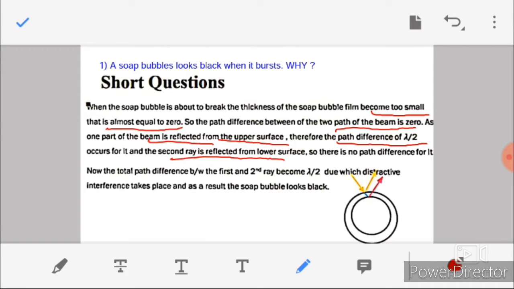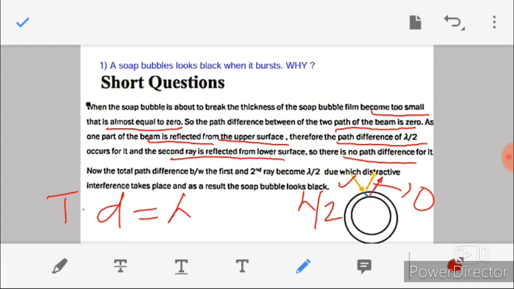The yellow one is the upper surface, which has lambda by 2, and the red one is the lower surface, whose value is 0. There is no path difference for the second ray. So the total path difference would be lambda by 2.